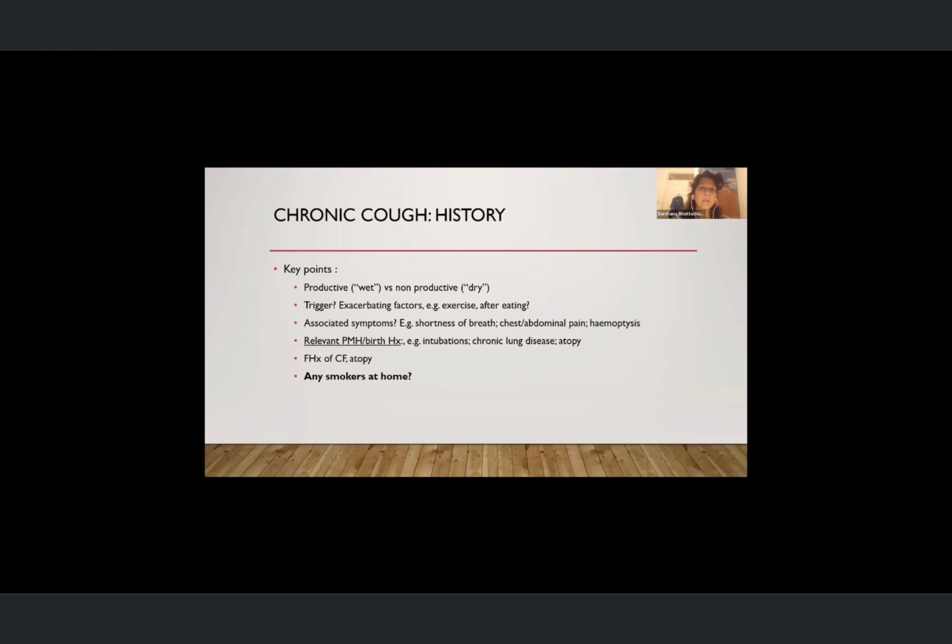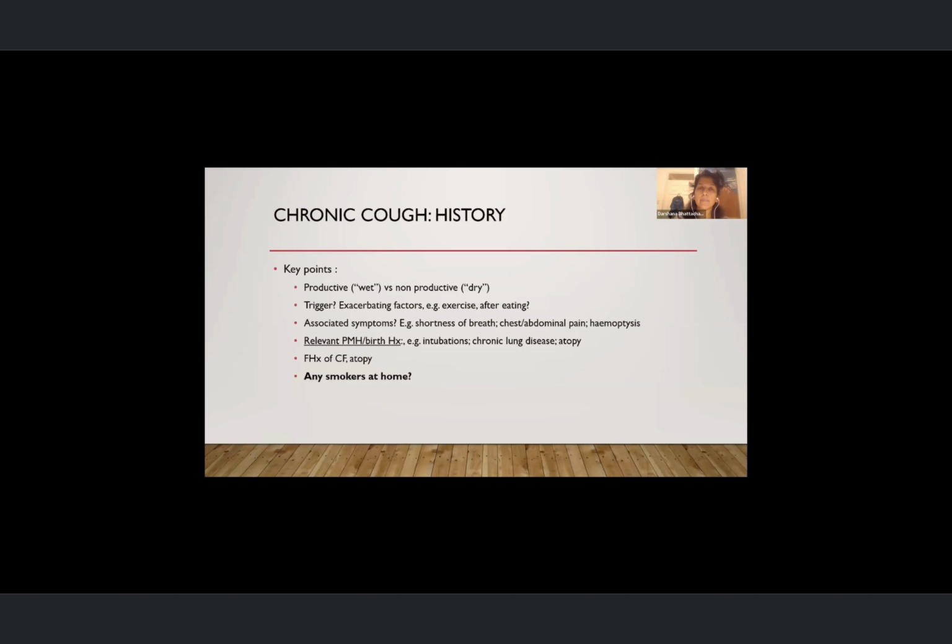Ask about relevant past medical or birth history, such as prematurity leading to intubations. We don't have to be premature to be intubated, but obviously a history of intubations, or chronic lung disease, which is associated with prematurity, and any other features of atopy. And ask if there's a family history of anything relevant, such as cystic fibrosis or atopy. One of the most important questions to ask is whether there are any smokers at home, and to give smoking cessation advice as needed.